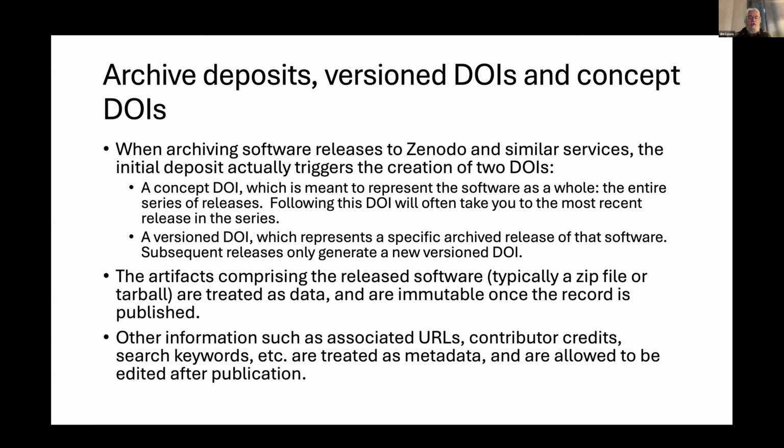An important thing to note is that once you publish the Zenodo record, the data within it is immutable. Now, you can still edit the metadata, like if you left a contributor out or you want to add some search keywords or other URLs. That stuff can all be edited after publication, but the data cannot be changed or deleted or replaced or anything like that once you publish.